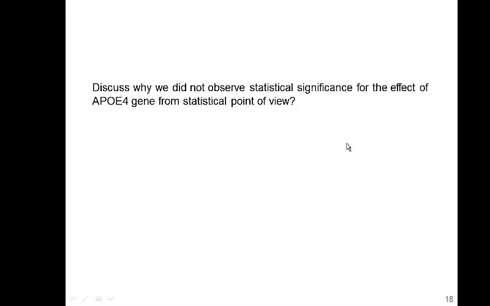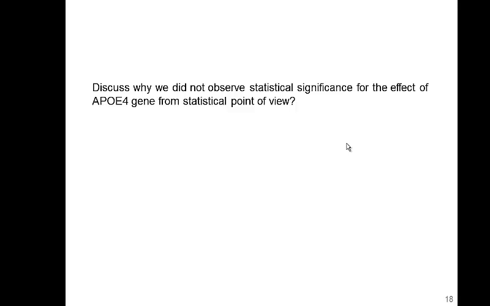So let's discuss why we did not observe statistical significance when we used this binary outcome variable. It's because we lost information. We originally knew the exact number of days each patient had delirium, but after we recode to 0 and 1, we no longer know whether this patient has 3 days of delirium or 10 days of delirium.